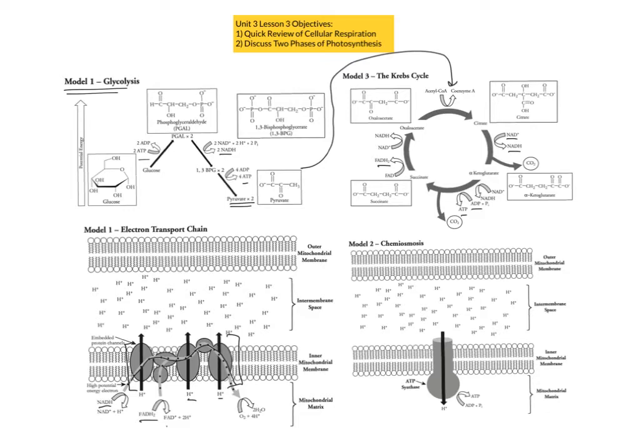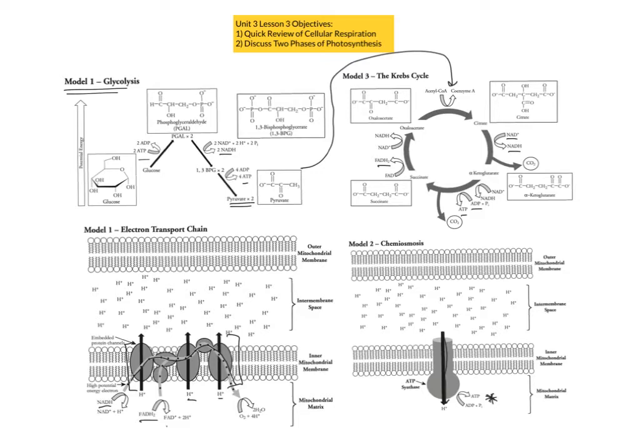In chemiosmosis, the main protein involved is ATP synthase, which facilitates the diffusion of hydrogen ions through the membrane, down the concentration gradient. But in doing so, it provides the energy that's needed to phosphorylate ADP. And this is where we're going to get lots and lots of ATP made.